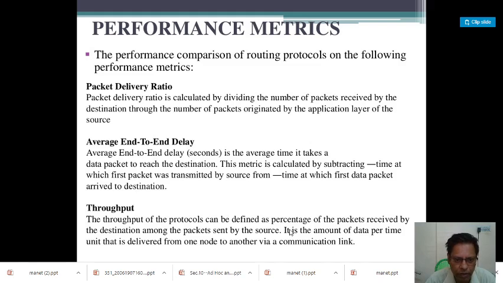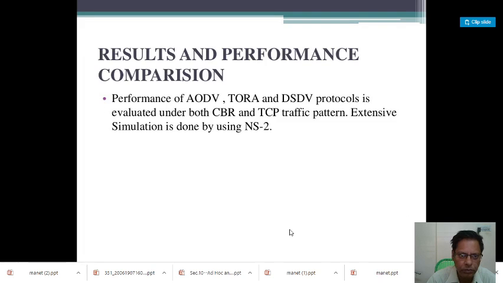The throughput of the protocol can be defined as the percentage of the packets received by the destination among the packets sent by the source. So it is the amount of data per time unit that is delivered from one node to another via a communication link. That is known as the throughput.